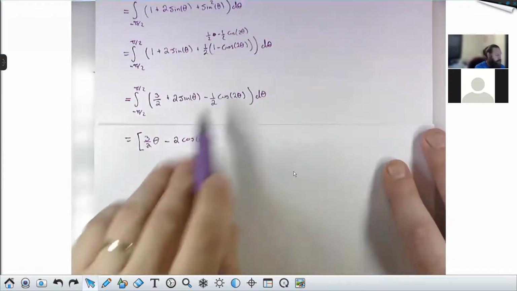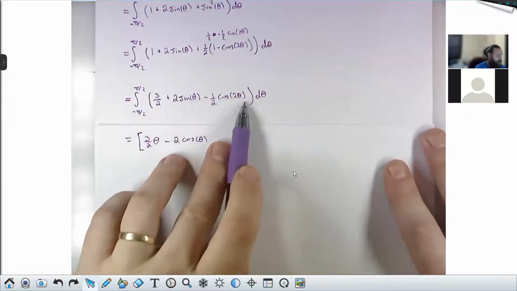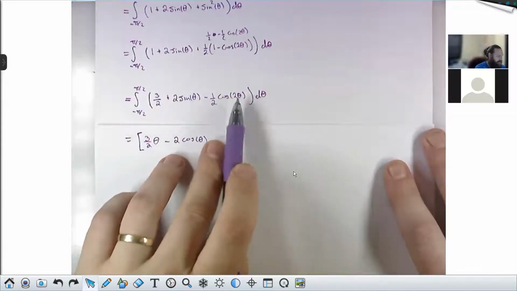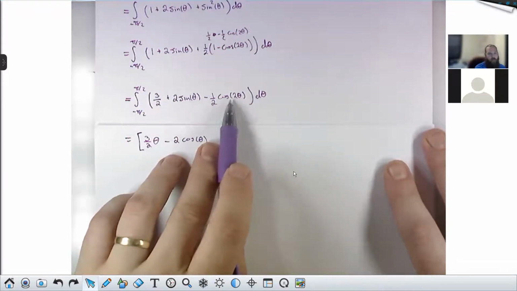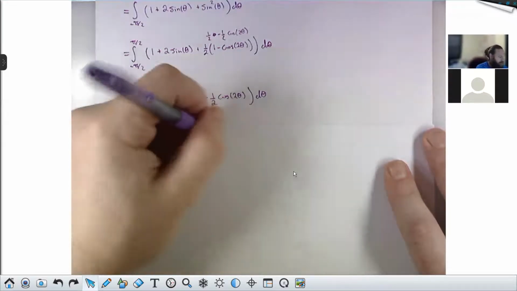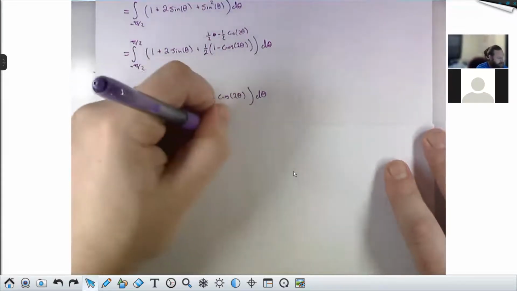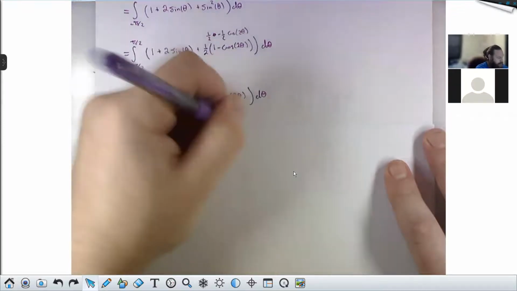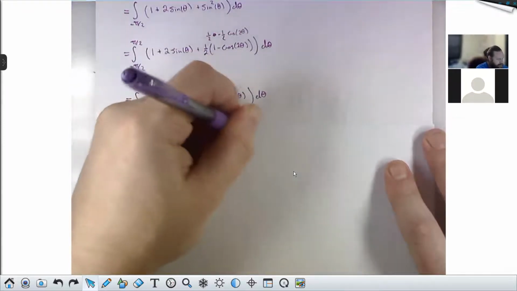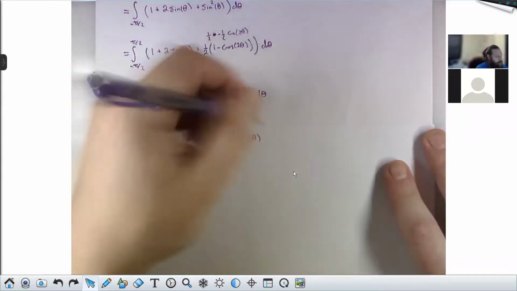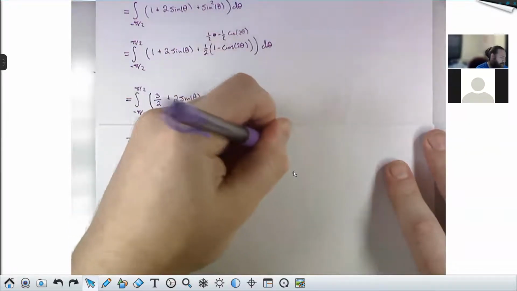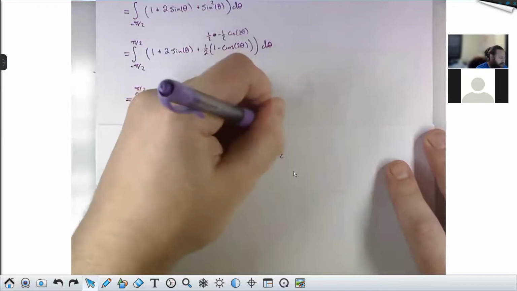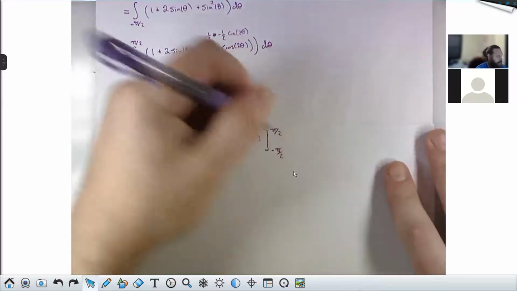And if I integrate 1/2 cos 2 theta, just the cos 2 theta would be like sine 2 theta over 2, or 1/2 sine 2 theta. Because there's already a 1/2 here, this is going to be, the minus stays here, 1/4 sine of 2 theta. It's a micro u sub. And we're evaluating this from negative pi over 2 up to positive pi over 2.